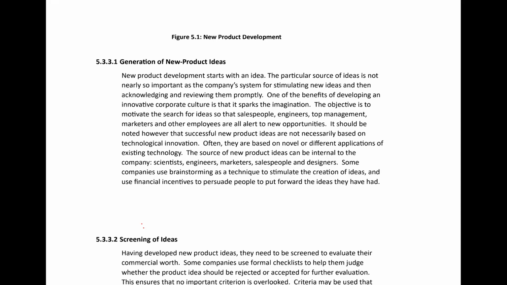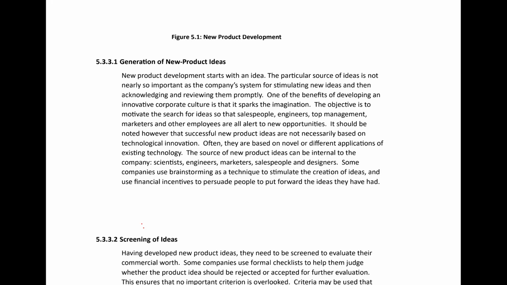So one of the benefits of developing an innovative corporate culture is that it sparks the imagination, right? So the objective is to motivate the search for ideas so that people, engineers, top management, marketers, and other employees are all alert to new opportunities around.